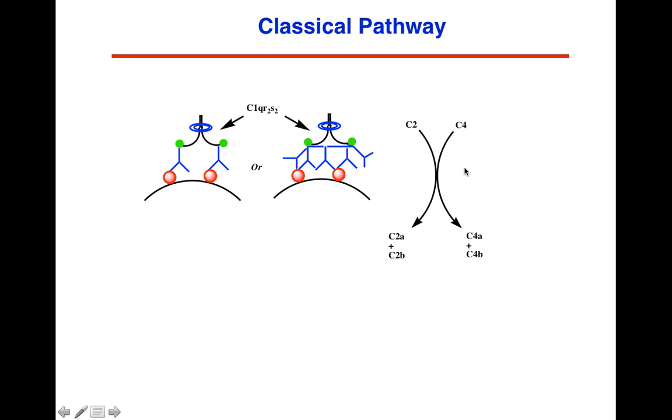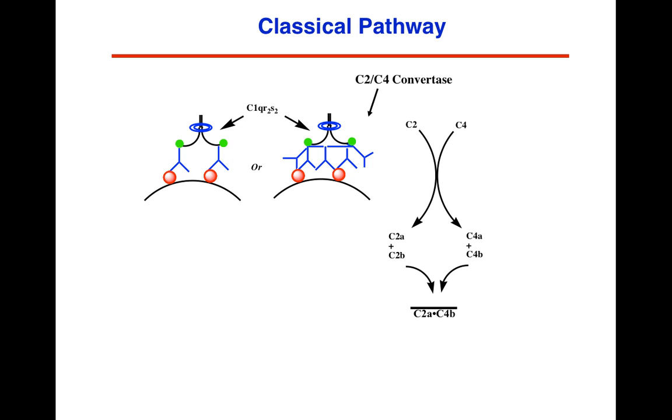Right away you've got an enzyme, and enzymes can carry out multiple turnovers, so you're going to get more C2A and C2B being produced by C1q. This is one step in which you see enzymatic amplification of the reaction. When the C1q R2S2 is bound and doing this, it's now called the C2-C4 convertase.